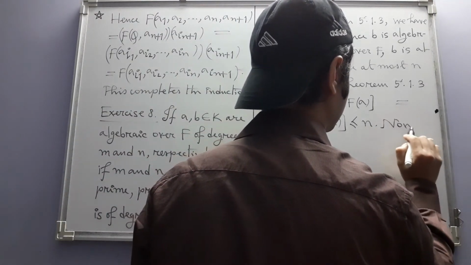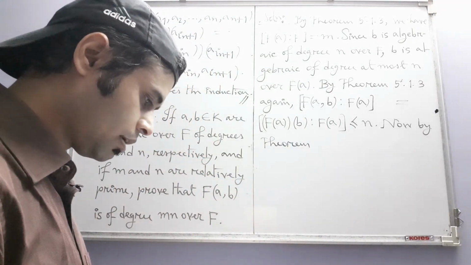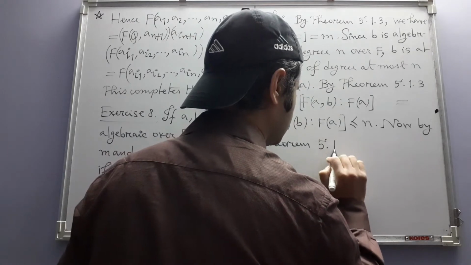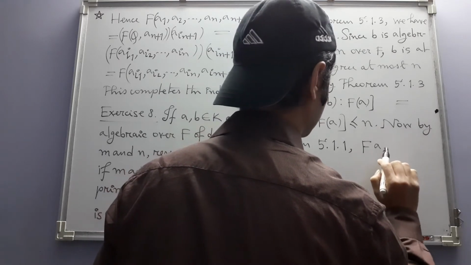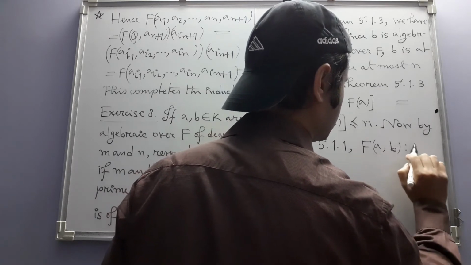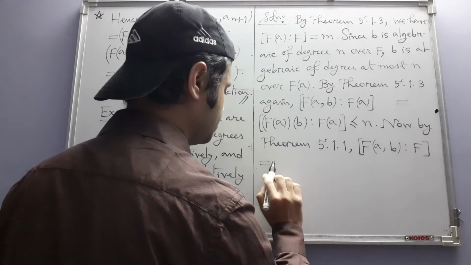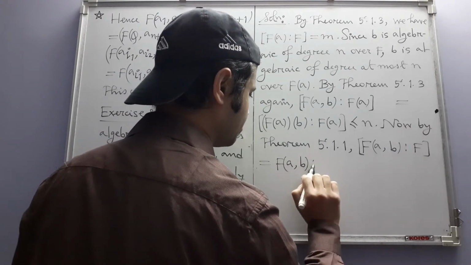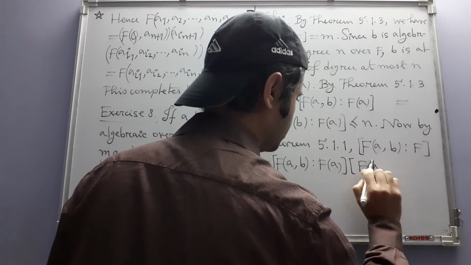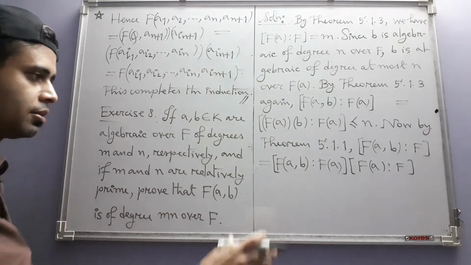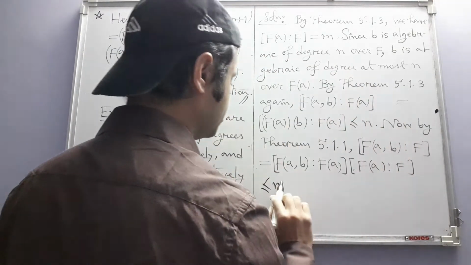Now, by theorem 511, the degree of this extension over F, we know that this is equal to the product of the degree of F(a, b) over F(a) times the degree of F(a) over F. Now the first factor is less than or equal to n, and the second factor is equal to m.